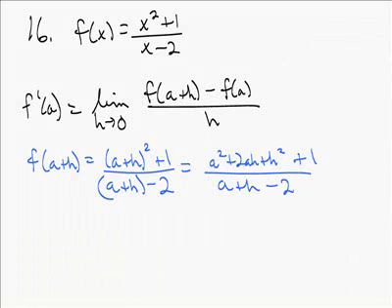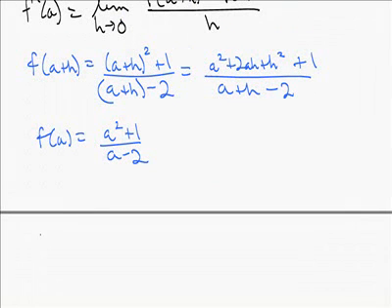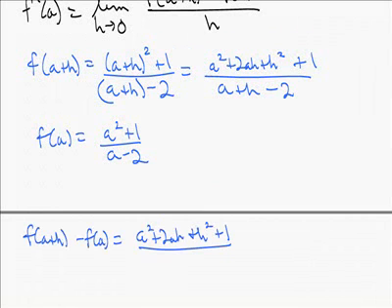Okay, so far so good. Now what does f of a equal? Well, f of a is just a squared plus 1 divided by a minus 2. And so what we're going to need to do is subtract these two quantities. So it's going to get a little bit messy here. f of a plus h minus f of a is equal to a squared plus 2ah plus h squared plus 1, all that divided by a plus h minus 2.